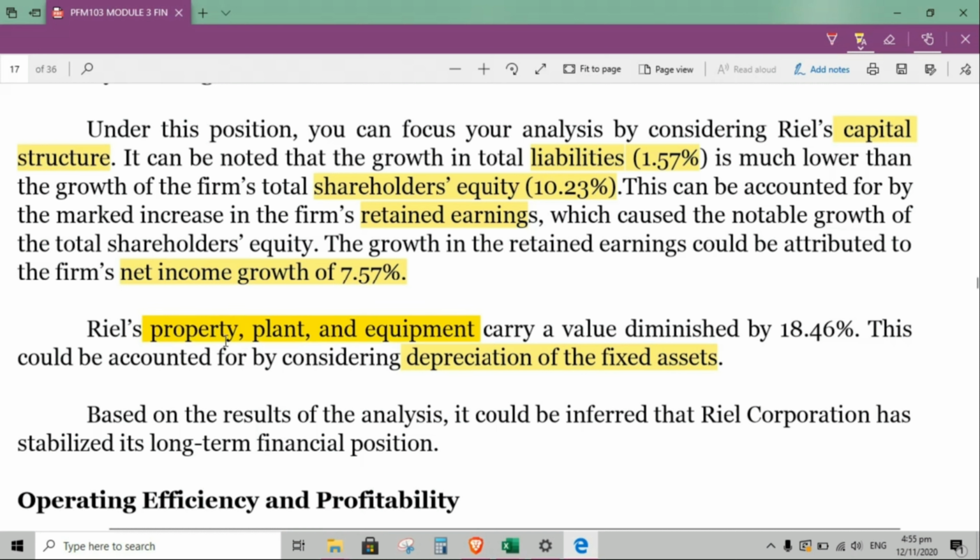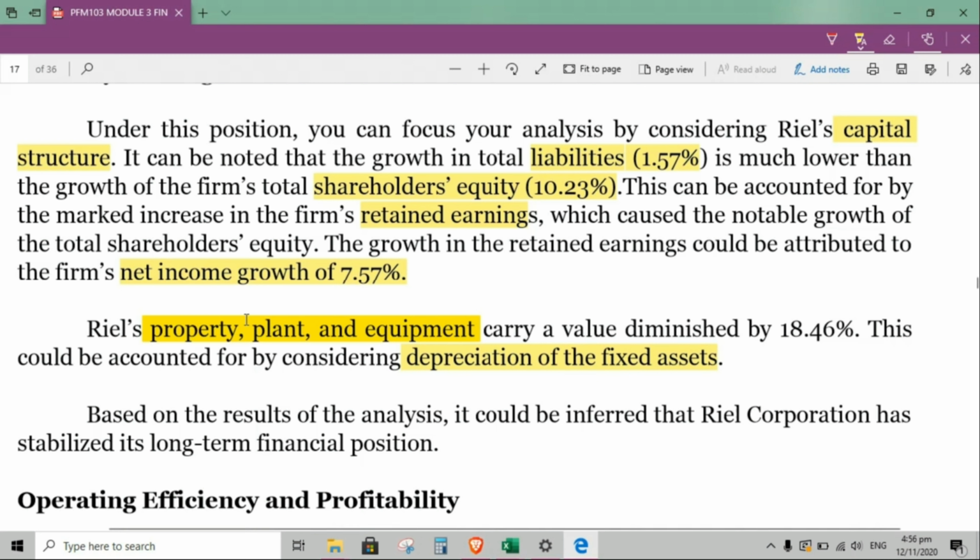Kung ang property niya, of course, ay real estate, hindi siya magde-depreciate, not unless kung nagbago yung environment, like wars, na-devastate ng bagyo. Pero madalas, nag-appreciate yung value ng lupa. But yung plant, yung equipment, nag-depreciate talaga siya in the long run.